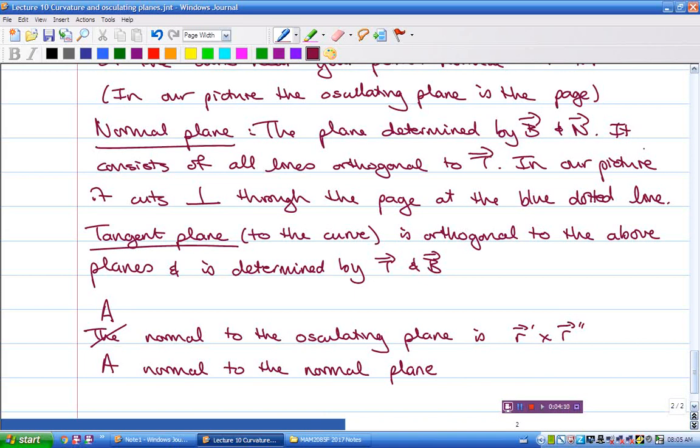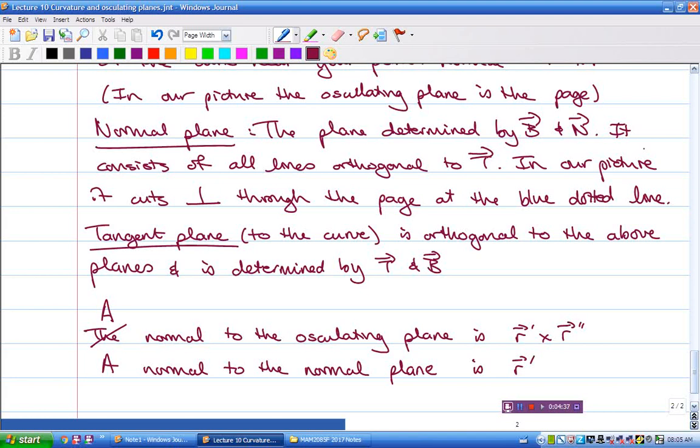So hence it's called the normal plane. This is the normal that's normal to the normal plane. Just roll with it. Is just R dash. And if you go look at that picture, the red arrow R dash is orthogonal to the plane that's indicated by the blue dotted line. So a normal to the normal plane is just R dash.